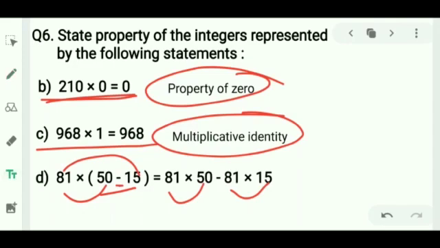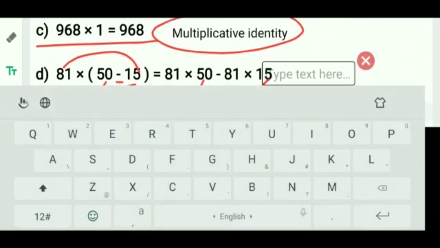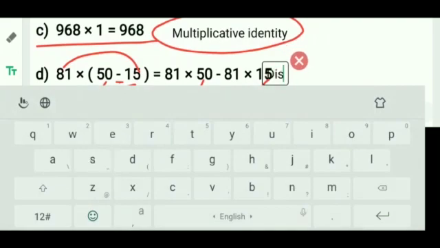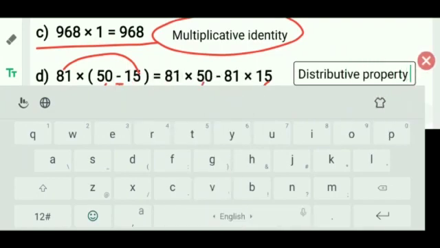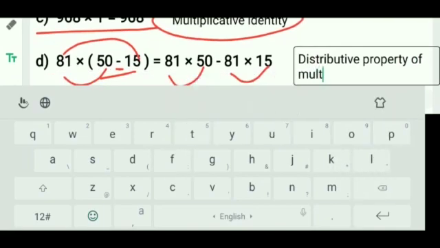This is the distributive property of multiplication over, because it has a subtraction sign, so over subtraction.